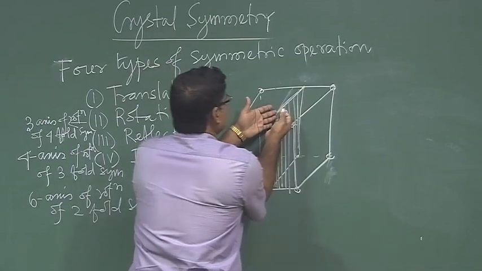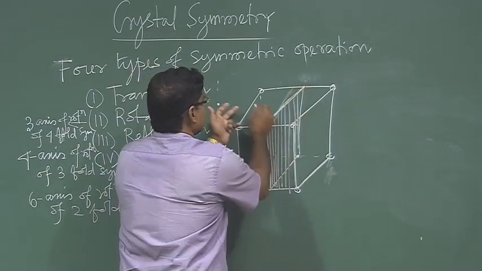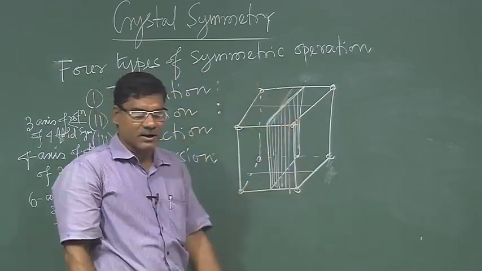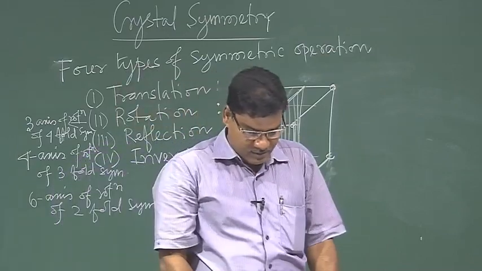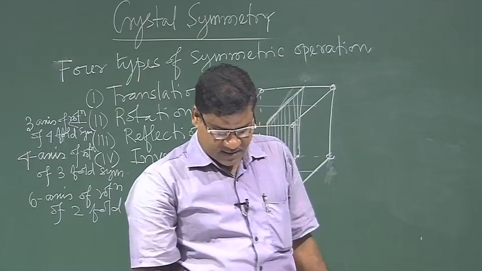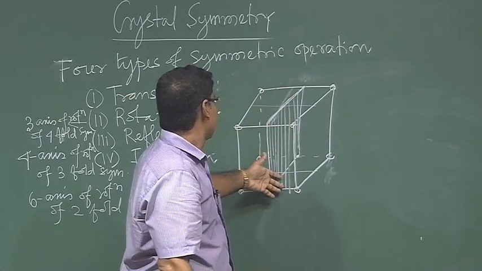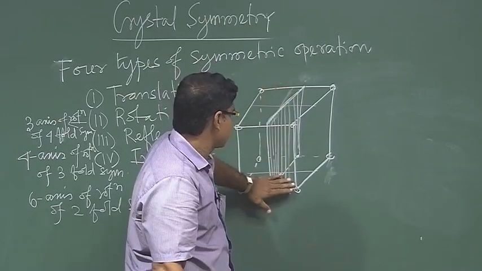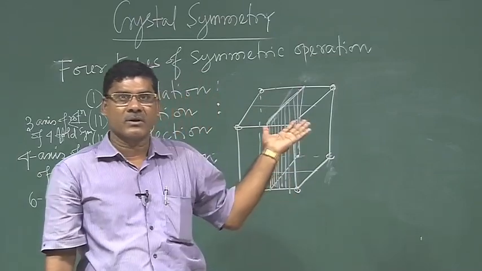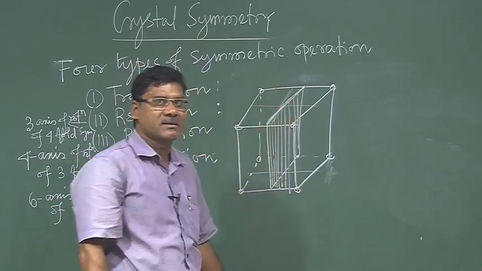Similarly, this plane we have taken this way, and similarly this way also one can choose a plane. How many planes can one choose this way? That will give 3 planes of symmetry parallel to the faces, because 2 faces give 1 plane, and 6 faces are there. So you can draw 3 mirror planes.